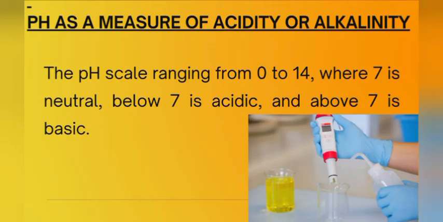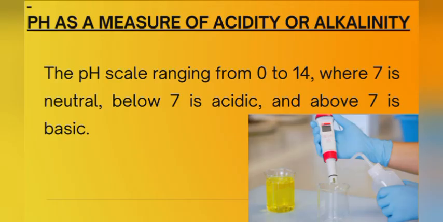Before we close the class, let's quickly say something about pH. The pH is talking about the acidity or the basicity of a substance. In other words, pH can be defined as a measure of acidity or alkalinity.